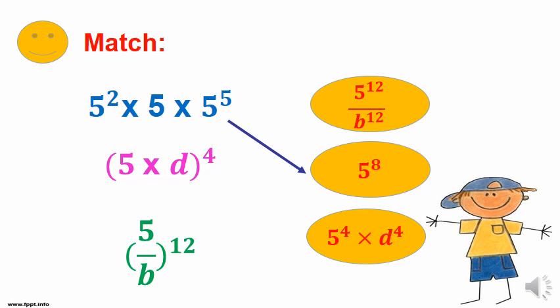I can distribute the exponent, so it will be 5 to the power 4 times d to the power 4. The last one, similarly, but I have here a division or quotient, so 12 will go to the numerator and denominator, which will be 5 to the power 12 over b to the power 12.